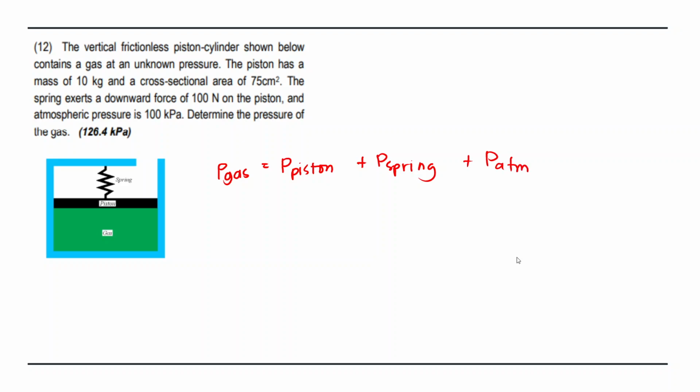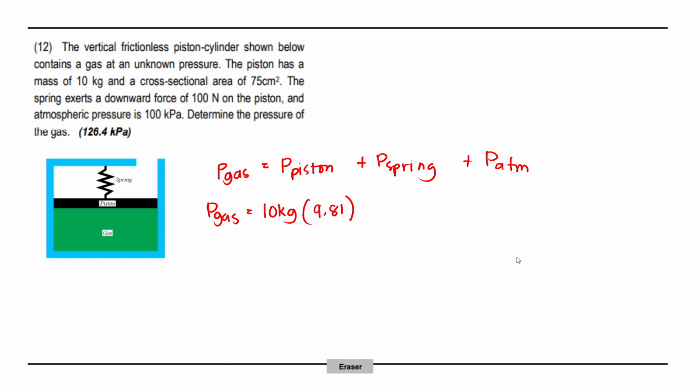So, P gas, ang pressure ng piston ay makukuha mo sa F over A. Sabi niya, 10 kilogram times 9.81. That is the force in terms of weight, diba?